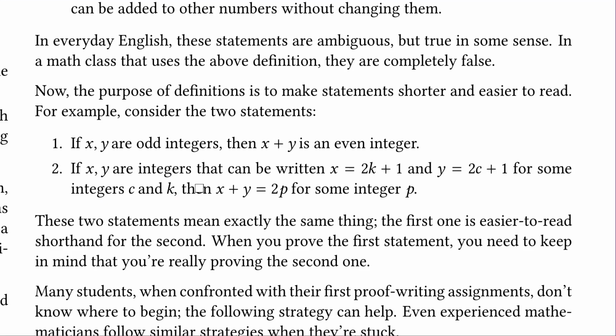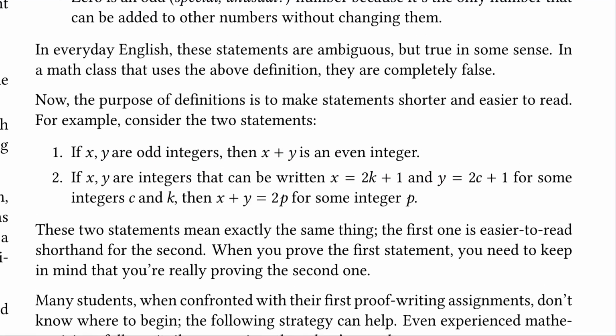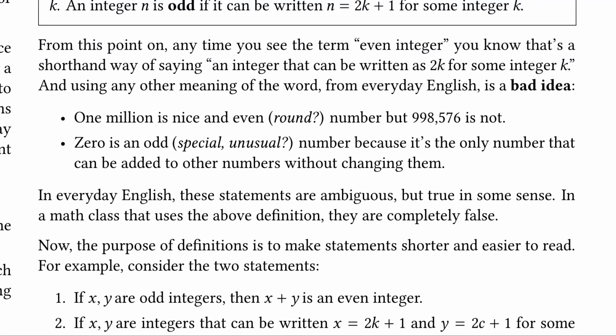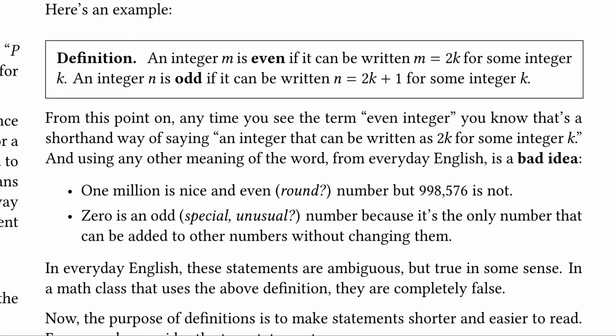It's just that statement 1 is quicker and a little easier to understand in a hurry. And when you get more and more complicated things, the long versions of mathematical statements can get out of control really quickly. Now, when we use the word even from now on, just to reiterate, it means this definition.